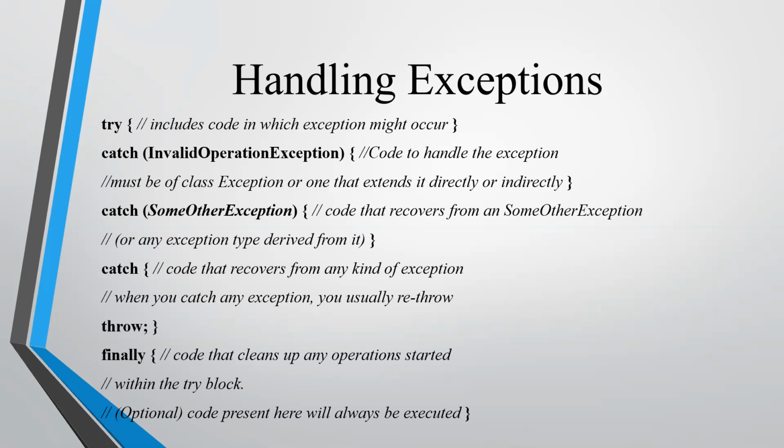The first catch block handles the case where an invalid operation occurred, so for that we have a catch block of InvalidOperationException. Then we have a catch block if some other exception occurs apart from invalid operation. Finally, we have a generic catch block, which can handle any kind of exception which occurs in the execution of our program. And here we use the throw keyword to throw an exception.